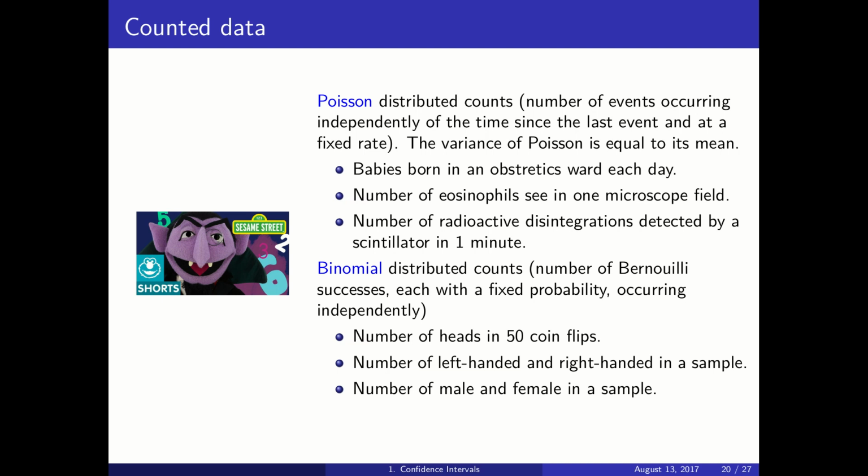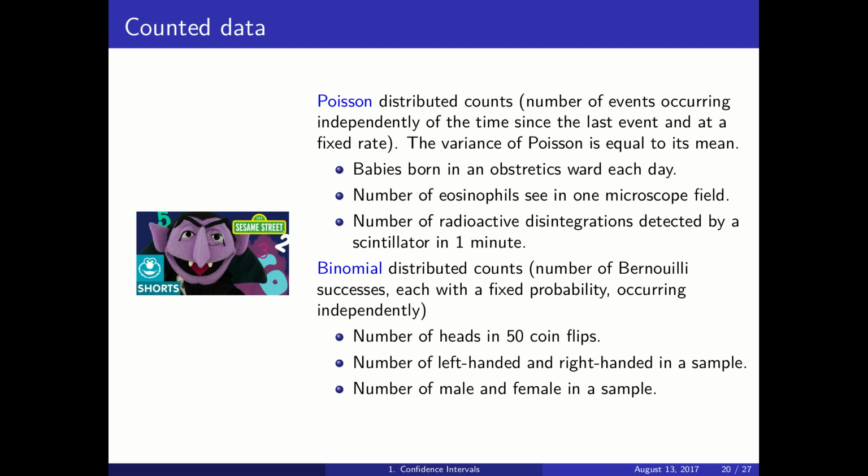So, for instance, babies born in an obstetrics ward every day happen at an approximately fixed rate, and they are independent of each other. The number of some particular kind of cells that you see in one microscope field also happen independently from each other and occur at a fixed rate.